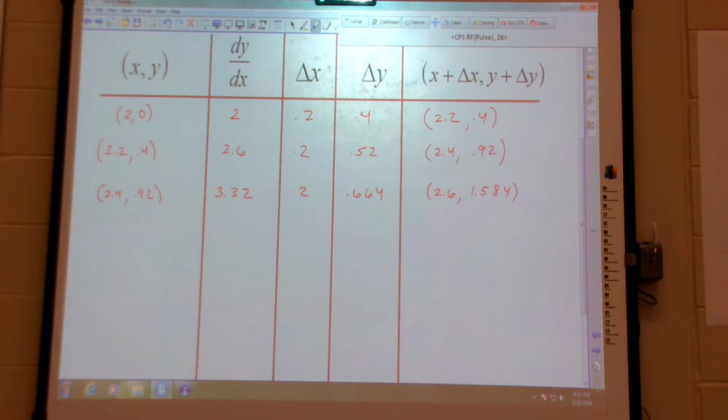So now I take that new point, 2.6, 1.584. What will my derivative be? 4.184. Multiply by 0.2. What will I get for delta y? 0.8368.